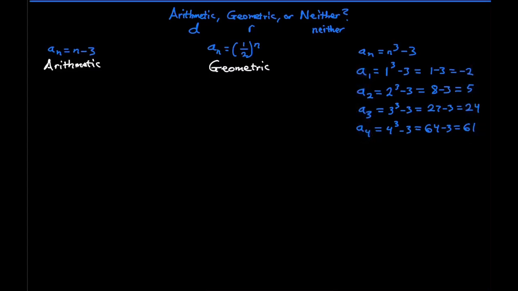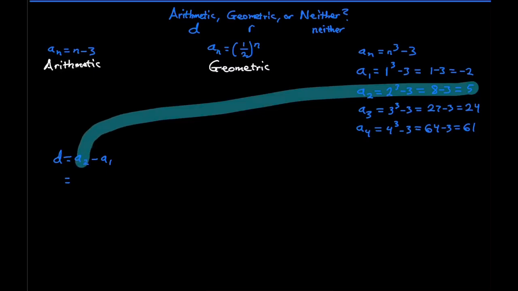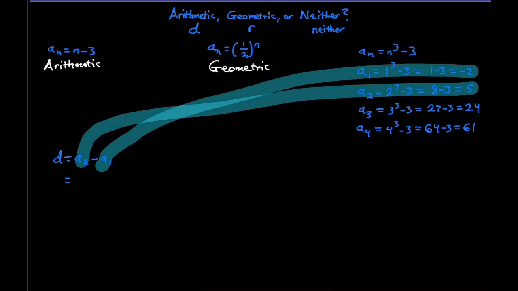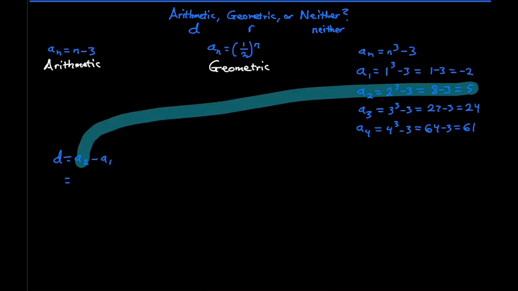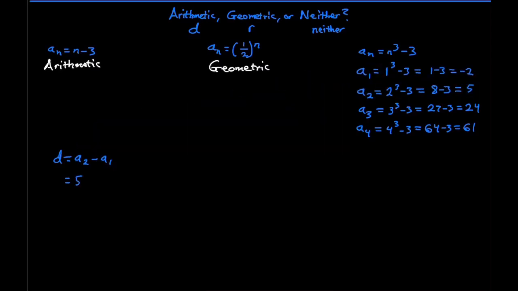So first we'll look to see if there's a common difference. For the common difference, you'll take the second term and subtract the first term from it. The second term is the 5, so that will go here. And the first term is the negative 2, so that'll go there. This will simplify into 5 plus 2, which is 7. Then you move on.